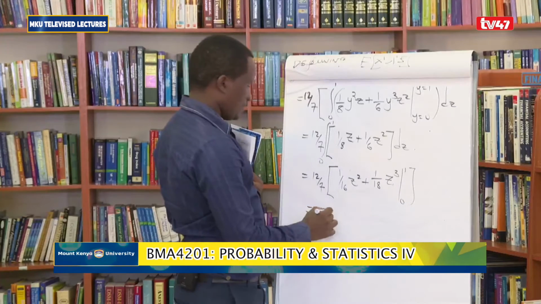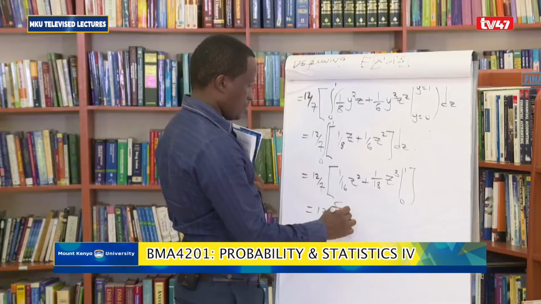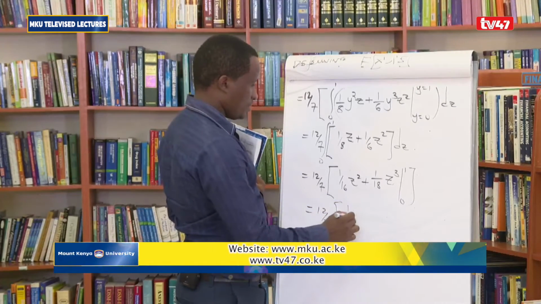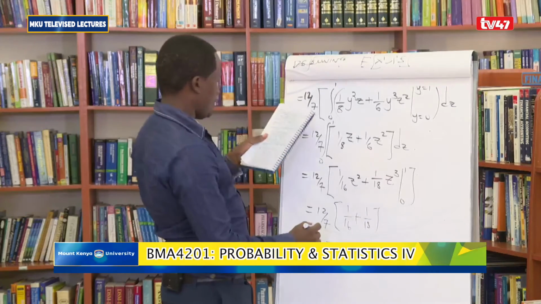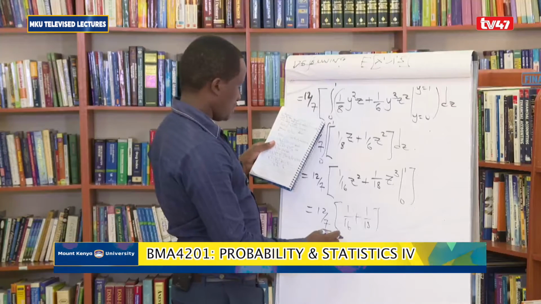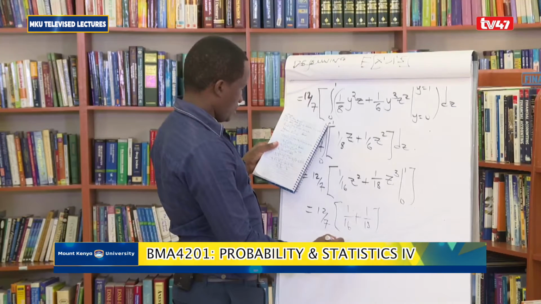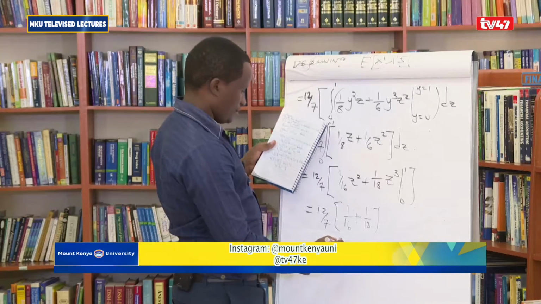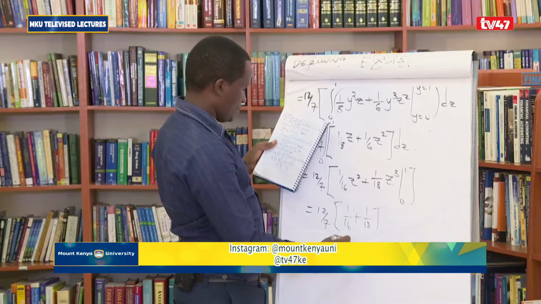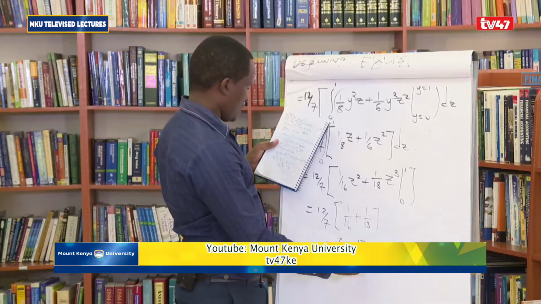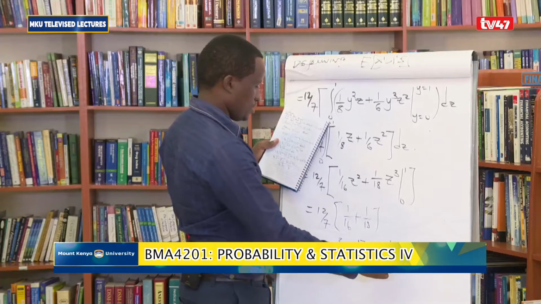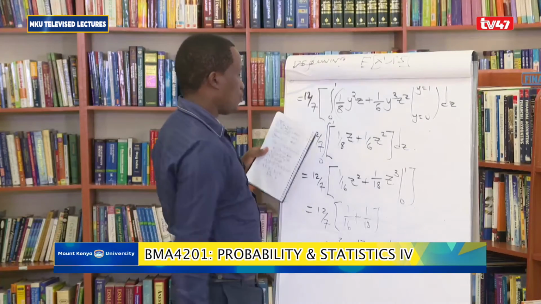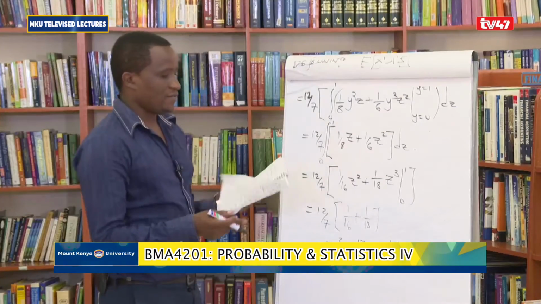So this will be 12 over 7 times 1 over 16 plus 1 over 18. And therefore, the expectation becomes 3 over 7 times 17 over 36, which is actually 17 over 84. That is the expected value.